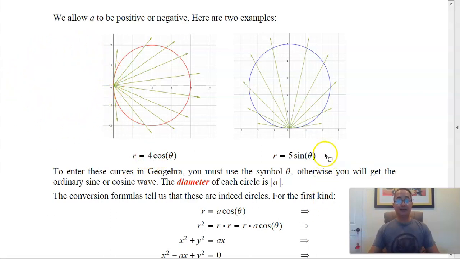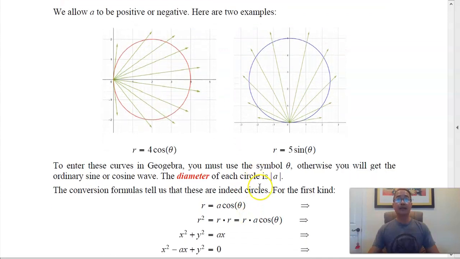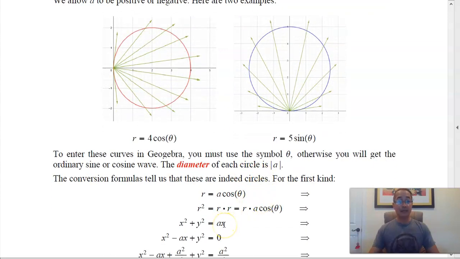And if we had negative 5 sine theta, it will be down here. So we can see that the diameter is the absolute value of the coefficient that we have for cosine or for sine. Of course, if we had a sine theta, the right side will be a times y instead of a times x.